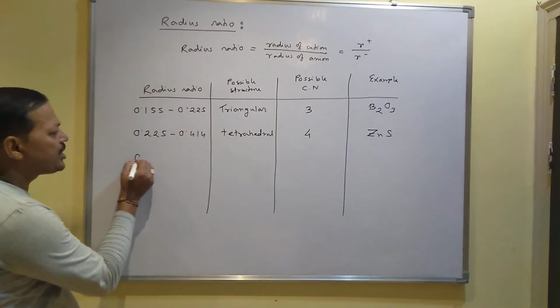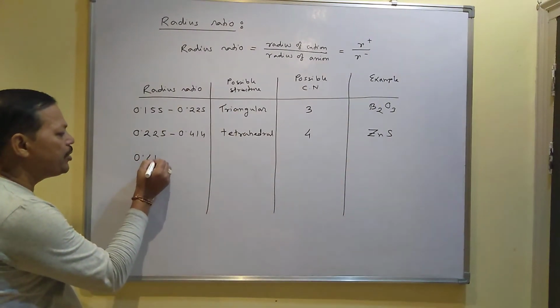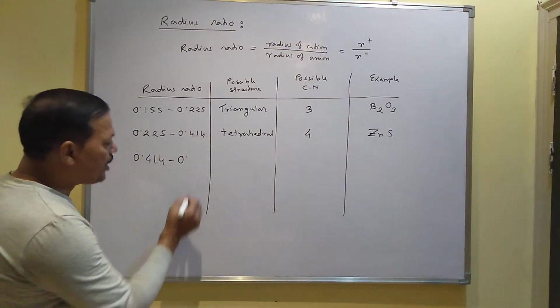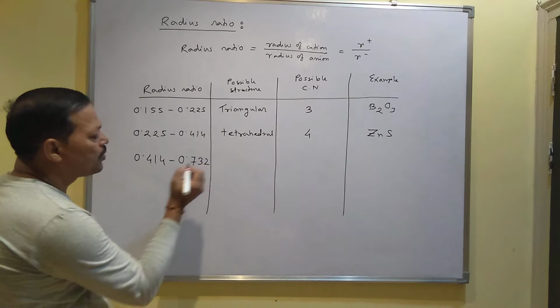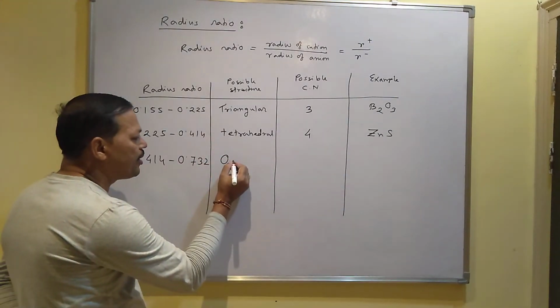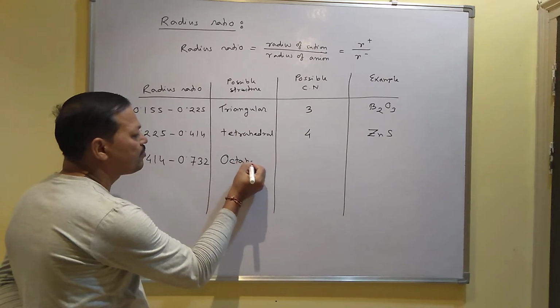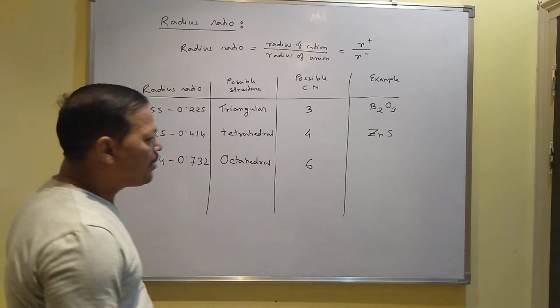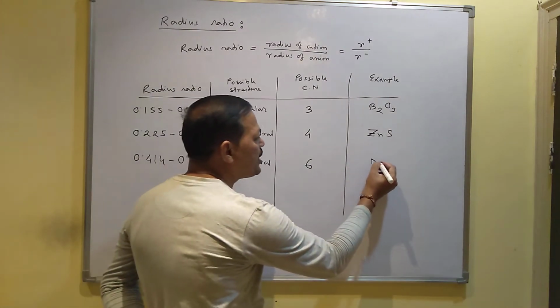And if the radius ratio range is between 0.414 to 0.732, then the possible structure for the crystal will be octahedral, coordination number will be 6, and one example of this type of solid is sodium chloride.